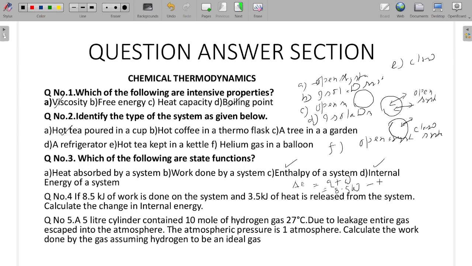So this is minus 3.5 kilojoule. This comes to 5 kilojoule. So the change in internal energy is 5 kilojoule.